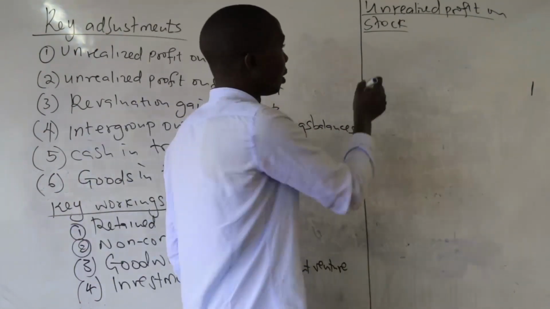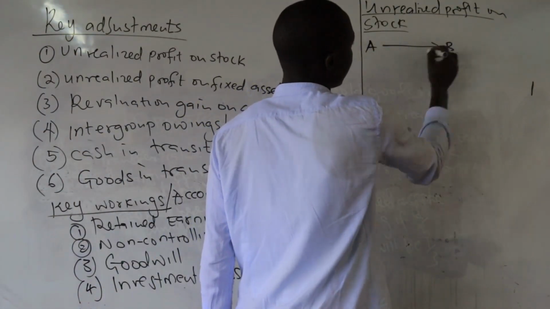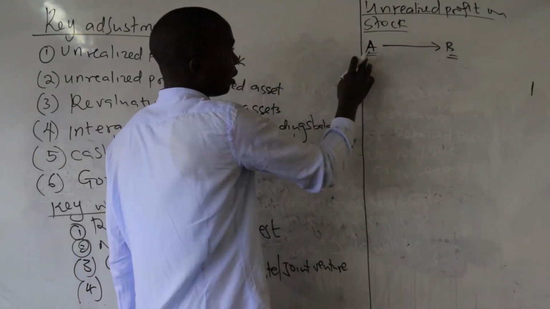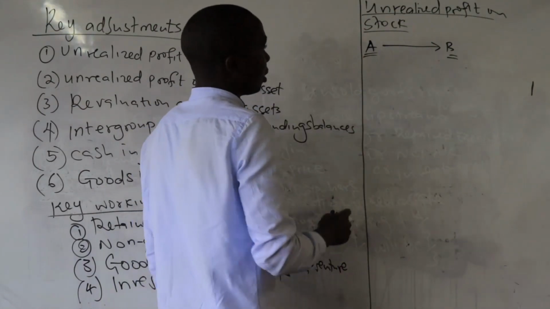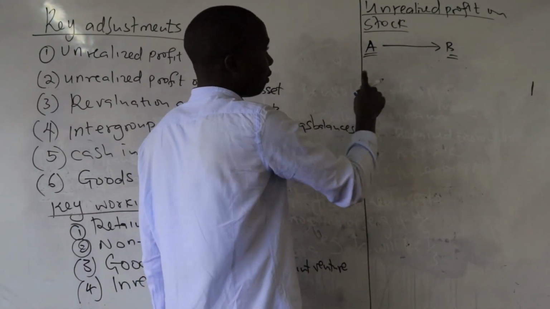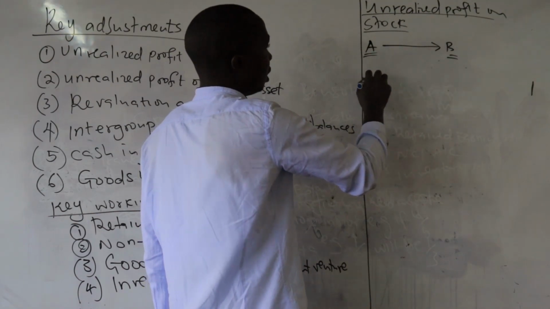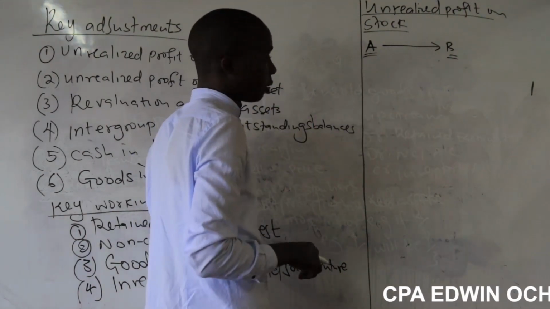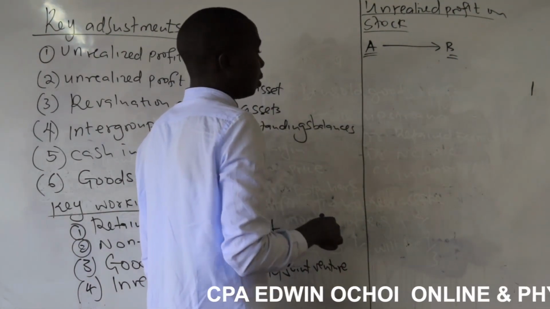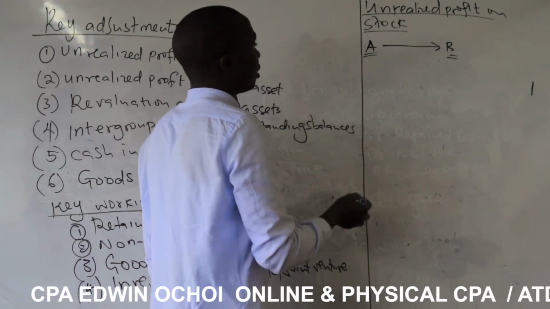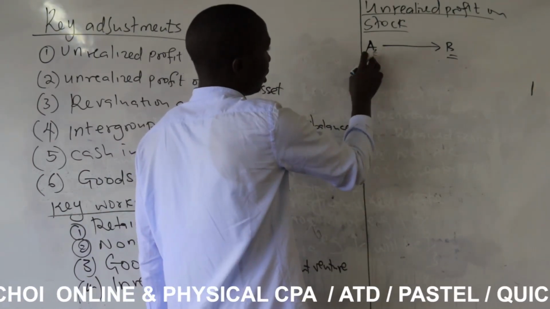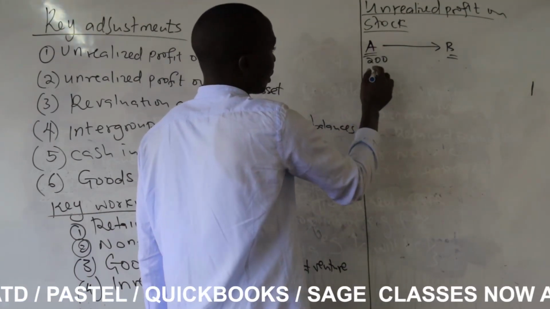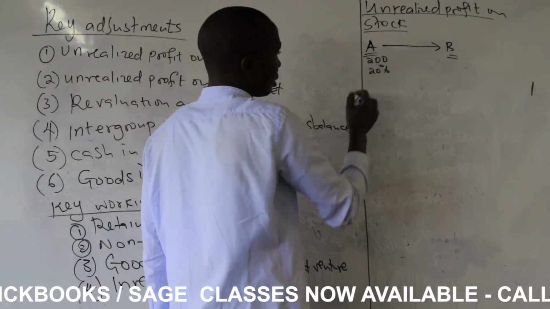If A is the parent and B the subsidiary, and A sold goods to B, we have to check if B resold all the goods it received from A. In an exam, the goods sold from A to B were at a selling price of 200, and A included a profit margin of 20%.